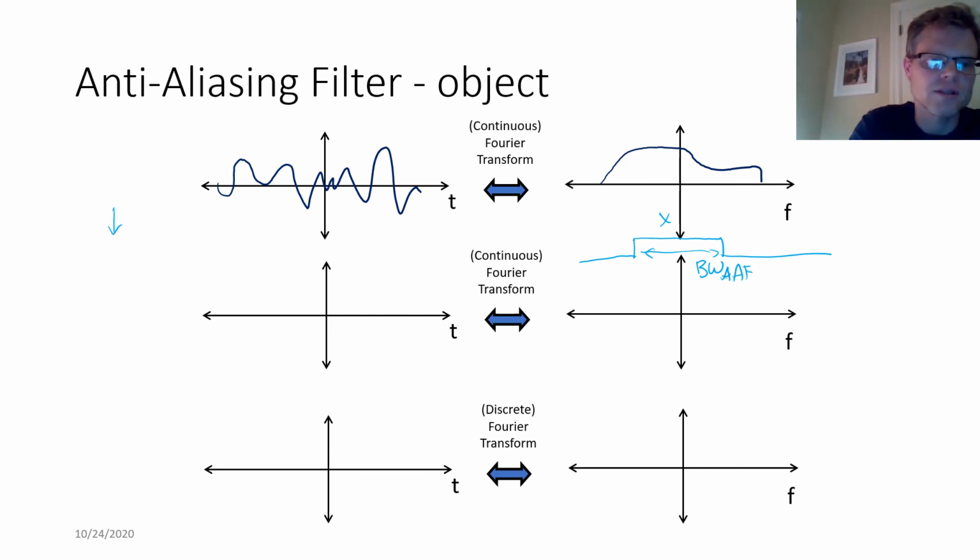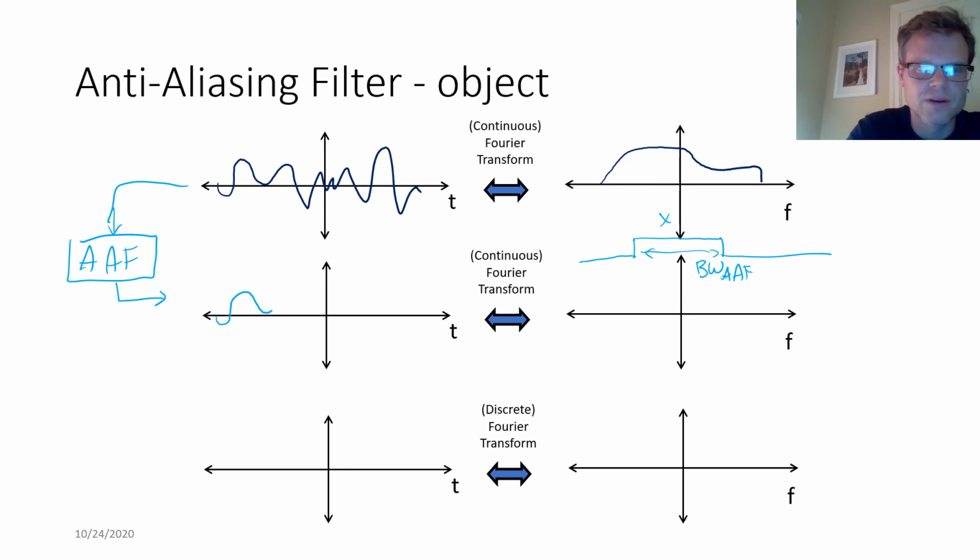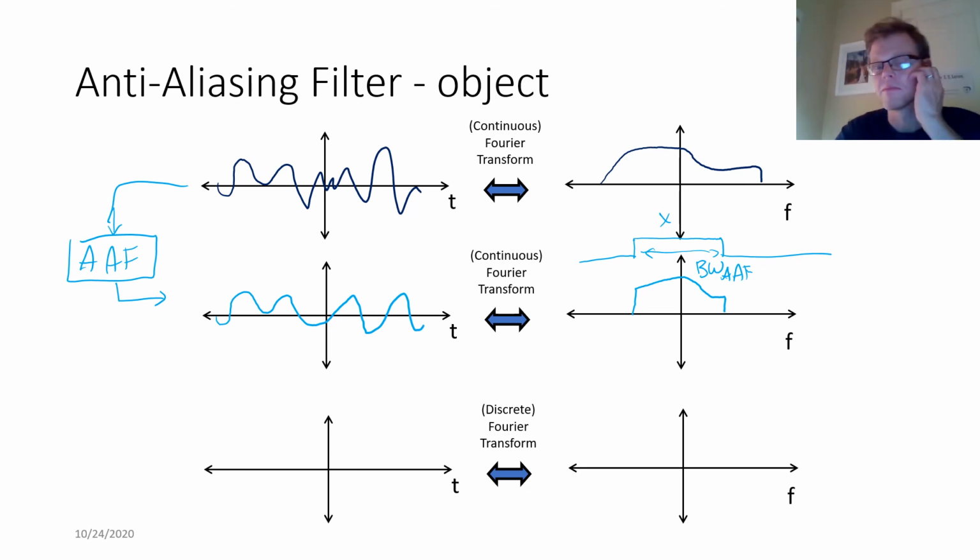So we're sending this through our anti-aliasing filter. And so then we get some version of this where I just smoothed out some of those oscillations. And this object has a limited extent in frequency space because of this anti-aliasing filter.